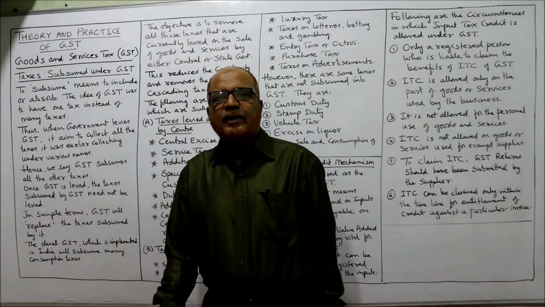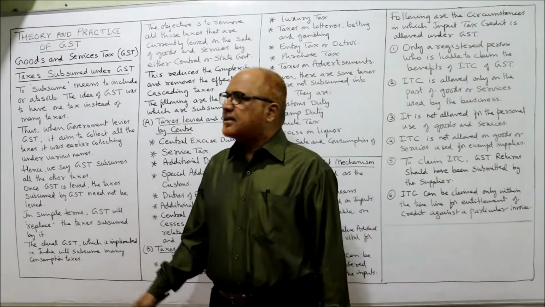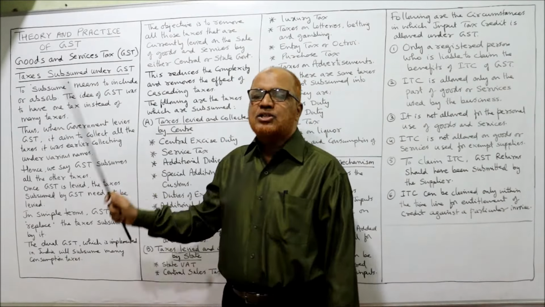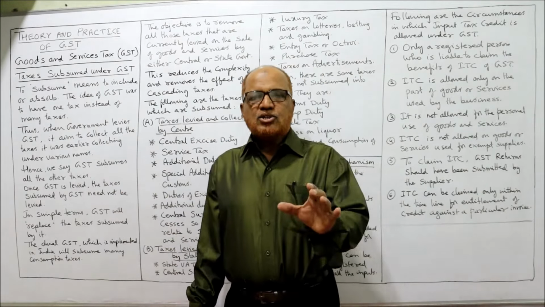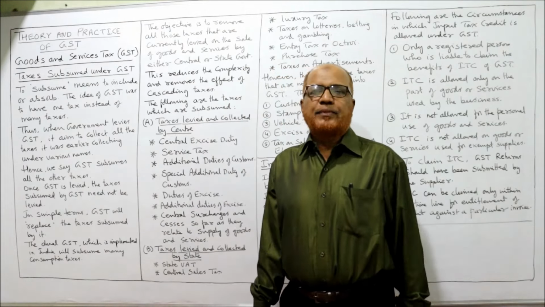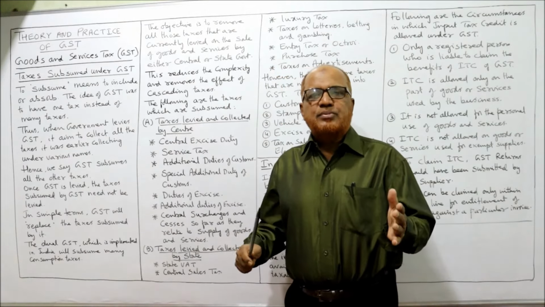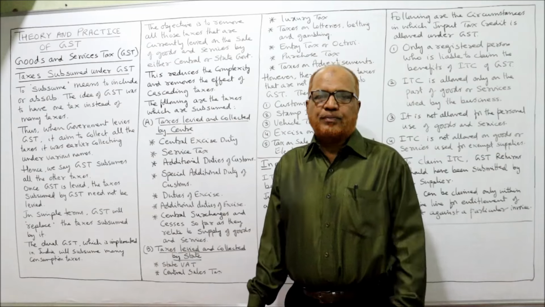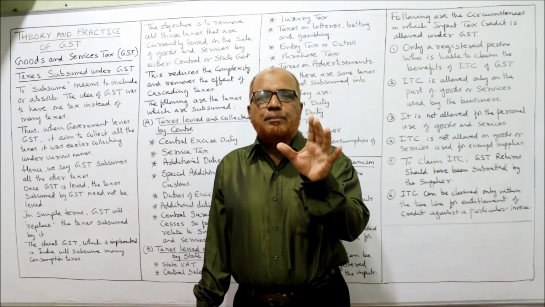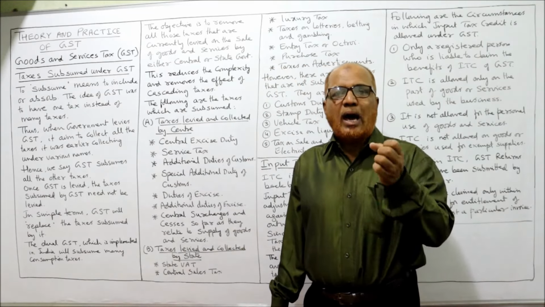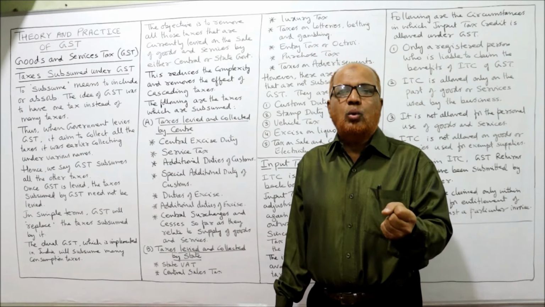Now, the first topic I am going to discuss is taxes subsumed under GST. In examination, a theory question is asked regarding what you mean by taxes subsumed under GST. The meaning of the term subsumed is to absorb or to include.